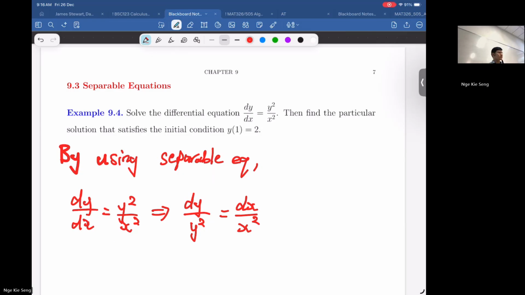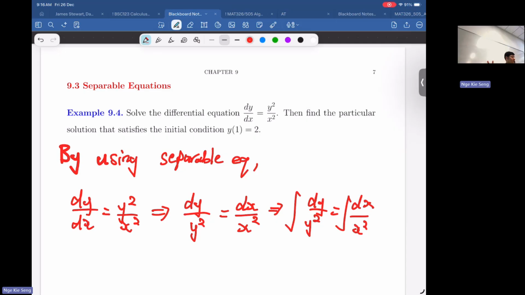Collect all the same variables together. And then next, we're going to do some magic. It is integrate on both sides. Can you do integration now?